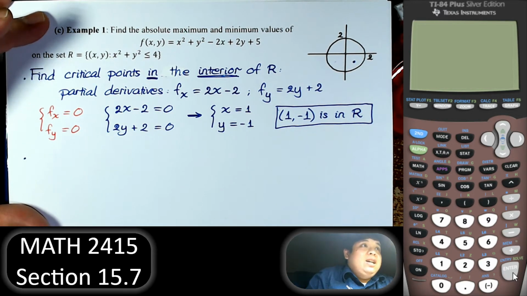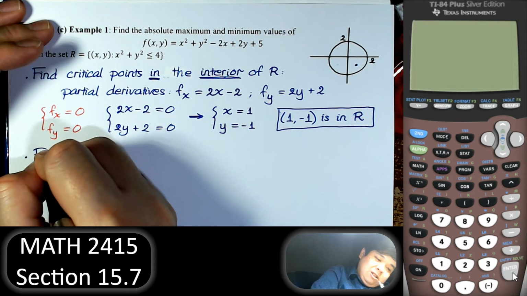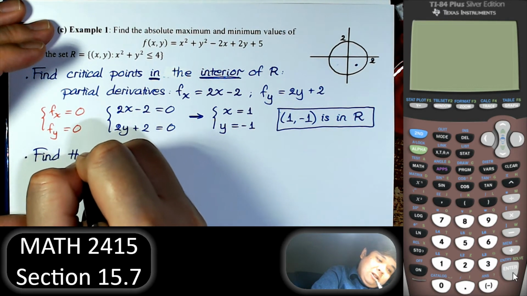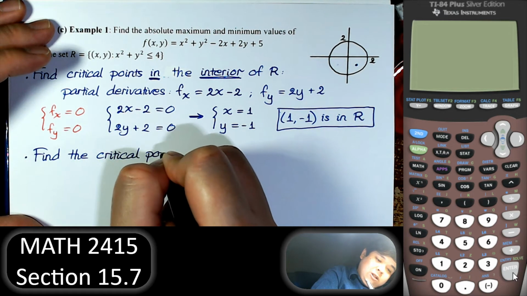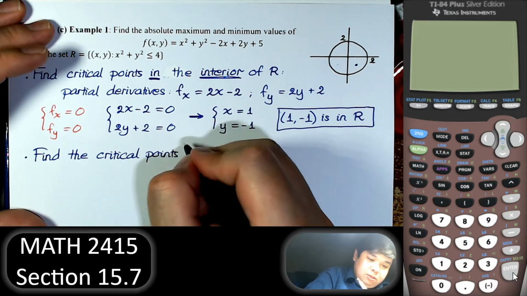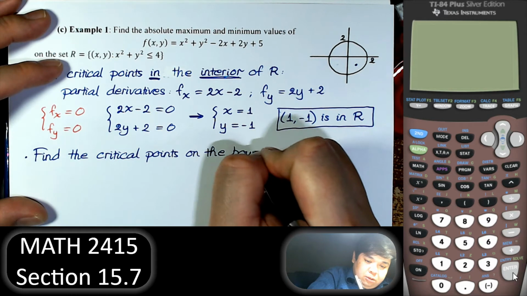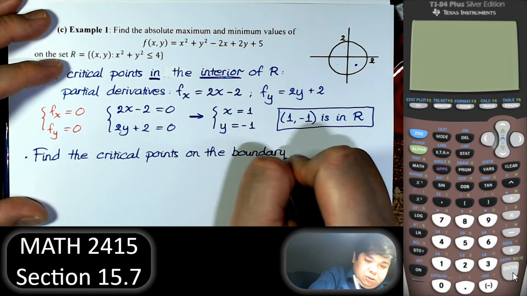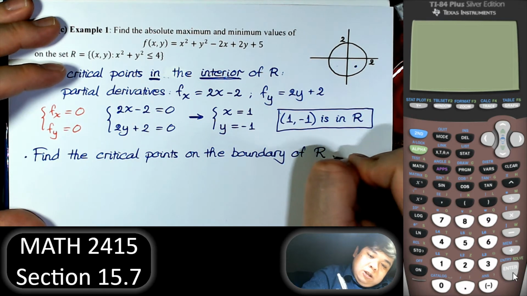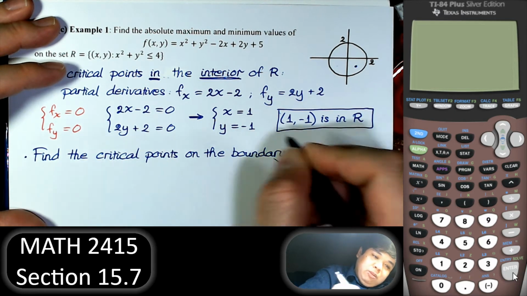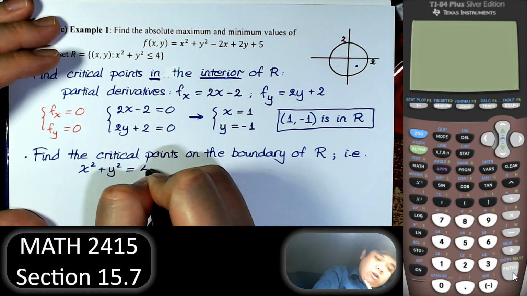Next, find the critical points on the boundary of R. The boundary meaning x squared plus y squared is equal to 4, right?